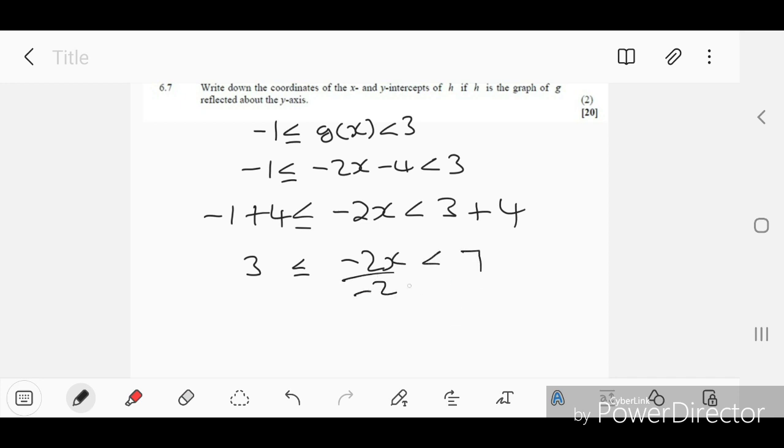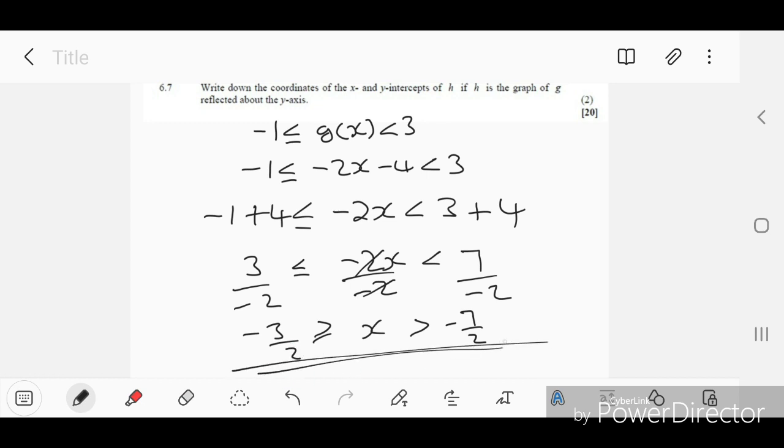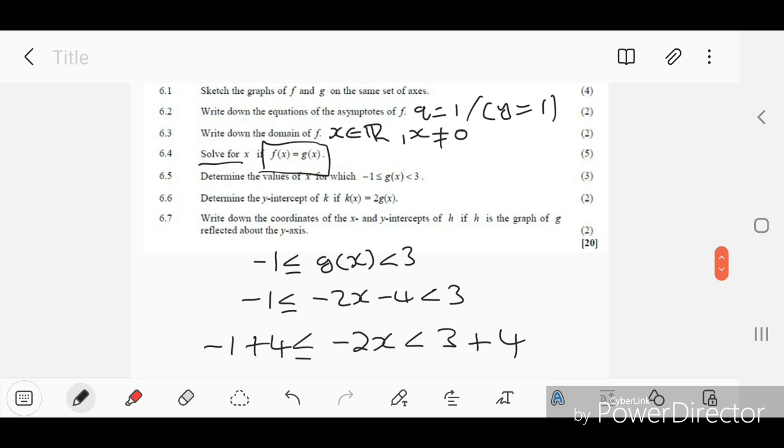So we're going to divide by minus 2 everywhere. Then this becomes x. Because we divided by minus, the sign switches, so it will look the other direction. Okay, so this is minus 7 over 2. This is minus 3 over 2. So this is my final solution to that.